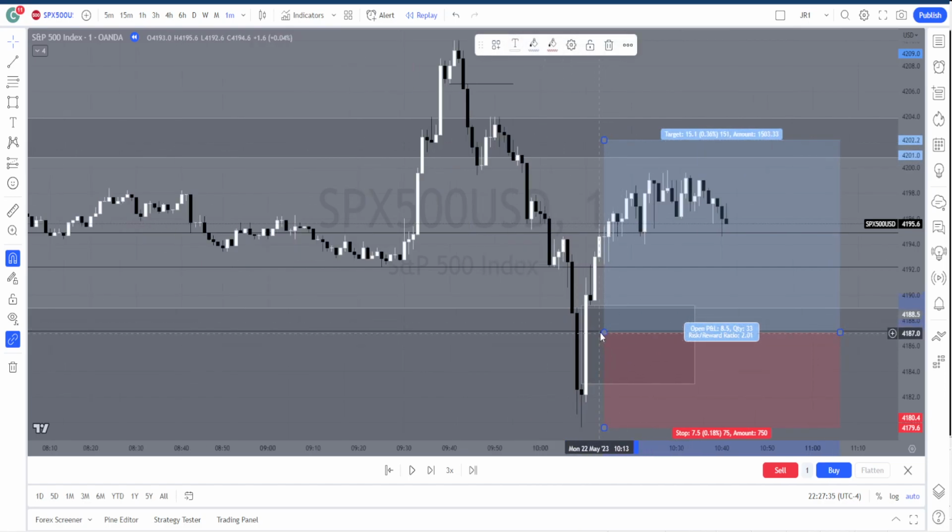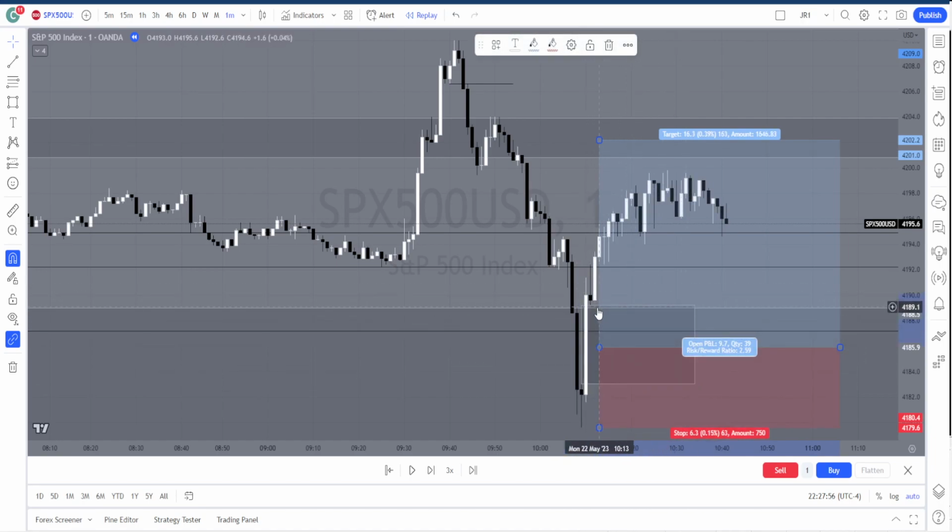And the best entry is right here because it is below yesterday's close, and it gives you a little bit more cushion from where the fair value gap or imbalance starts. Another thing is you could also do the 50%.